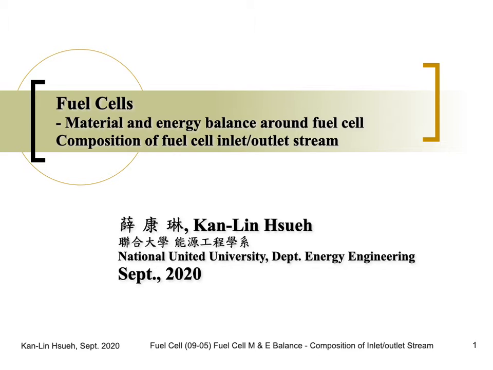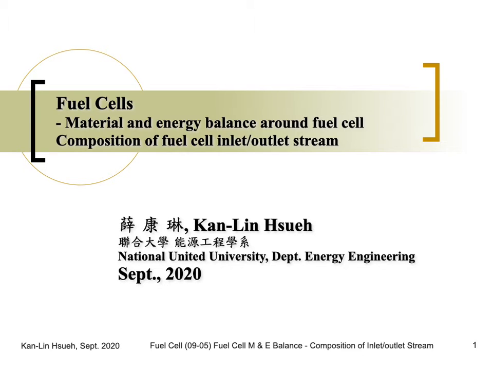In the previous section, we've been talking about how to calculate the fuel and the air flow rate depending on the fuel cell operation current, output current, the stoichiometric ratio, and the operating mode. Now we are talking about the composition of fuel.